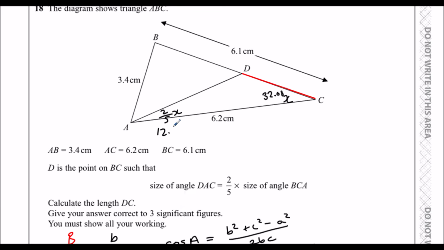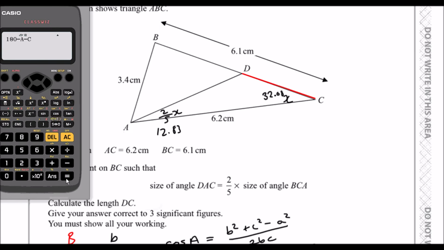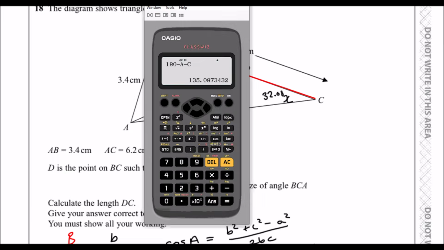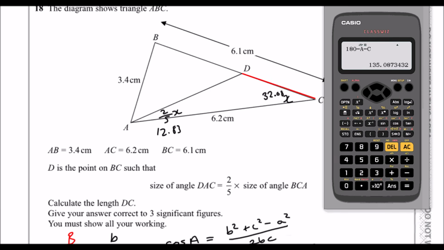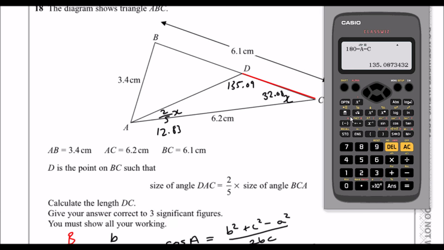So this is 12.83, which we'll store as A. And then for angle D, we're 180, take away A and take away C, which is 135.09. I'll save that one as D.